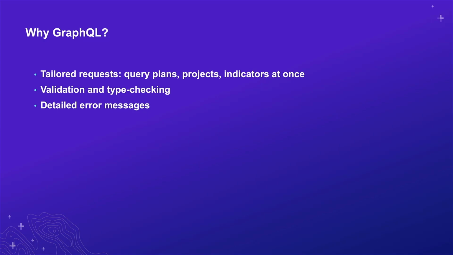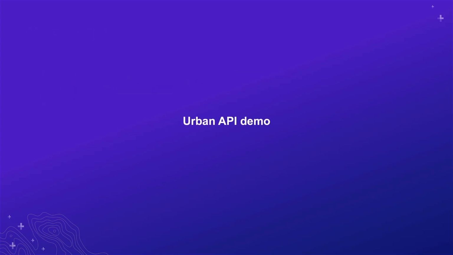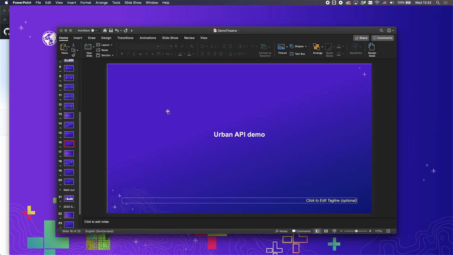Also, because we can introduce validation and type checking, again, a bit this gatekeeper thing of the data model, and then also the ability to get detailed error messages so that it's easier to understand why something doesn't validate or why something doesn't work.